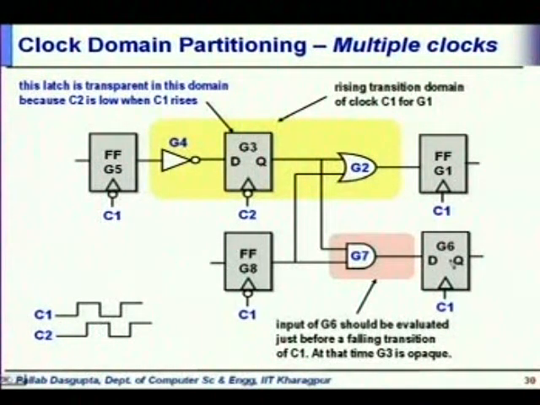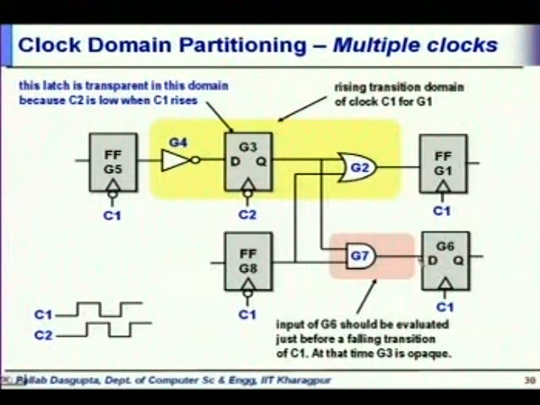Now when C1 falls, at that point whatever value was there in D is the value which is going to get latched. So in the falling transition of C1, we need to evaluate the cone of logic before this, because that is the value which is going to get latched in this latch.